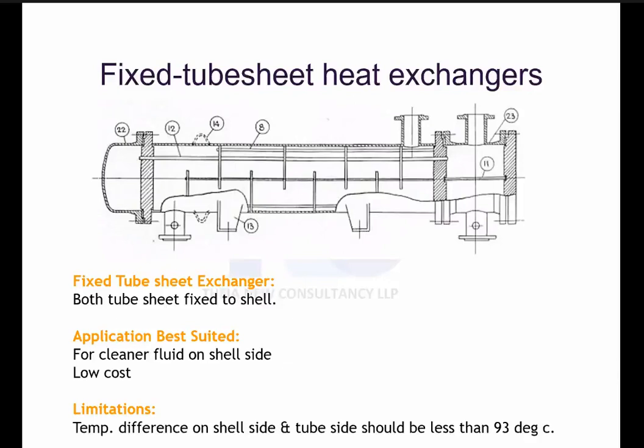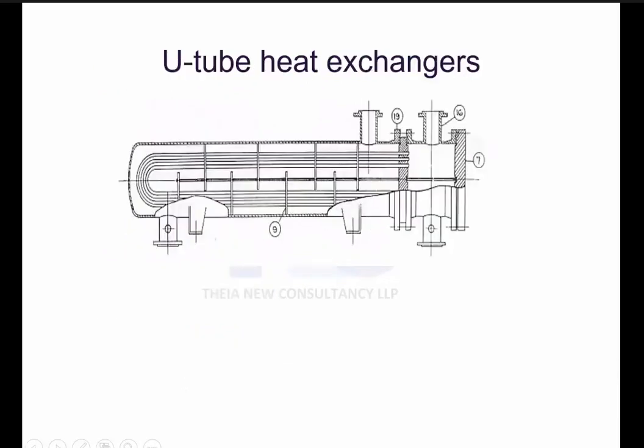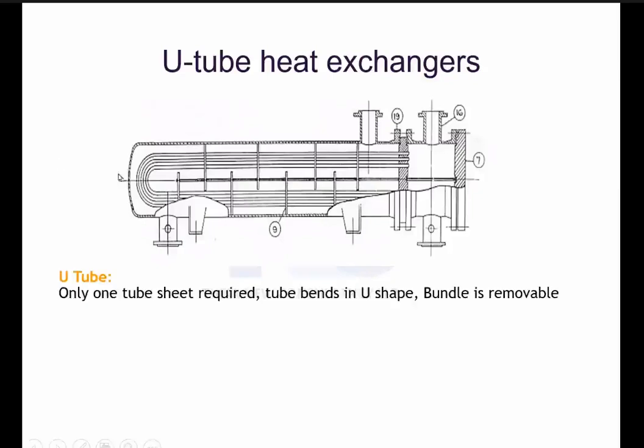Now we are going to see another type of exchanger, called the U-tube heat exchanger. So what is U-tube? Here there is only one tube sheet, and the same tube is bent. The advantage of this U-tube is you can remove the bundle. If you remove the bundle, what is the advantage?